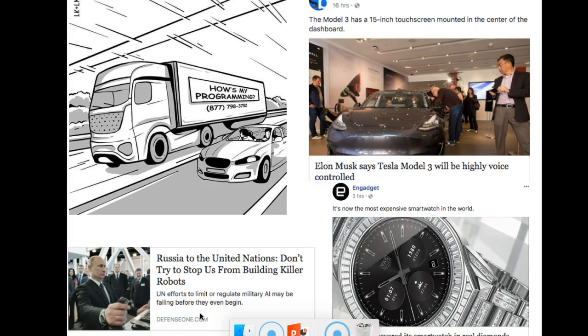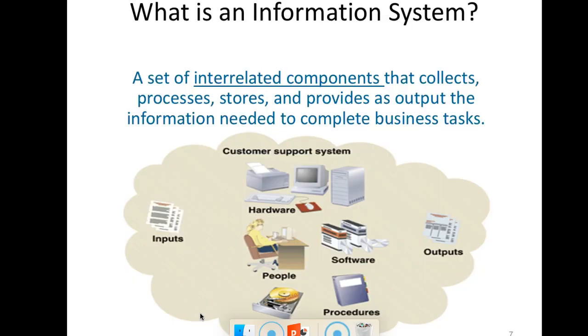Now the question is, what is an information system? Information systems are a set of interrelated components that collect, process, store, and provide as output the information needed to complete business tasks.